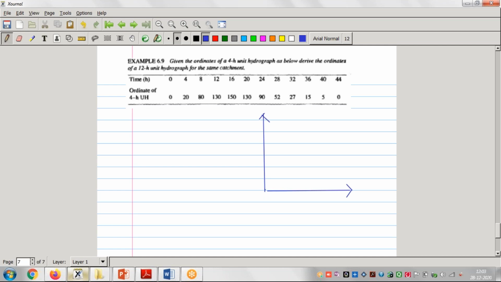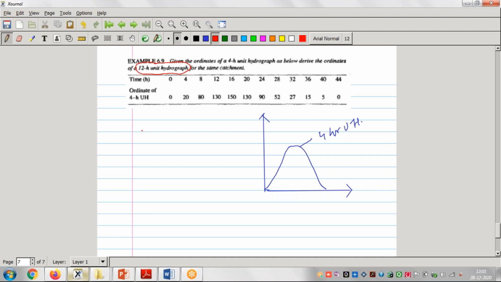So this is my graph, which I drew here, right? This is my 4 hour unit hydrograph. Is it okay now? Now, in the question, he has asked to derive the 12-hour unit hydrograph.